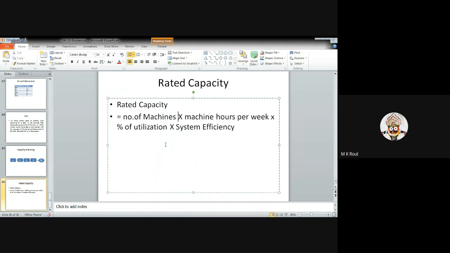What is the rated output in case of capacity in standard hours per week? I repeat, what is the rated output in case of capacity in standard hours per week?